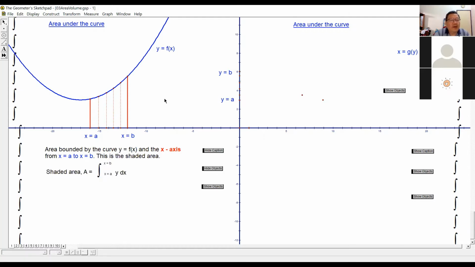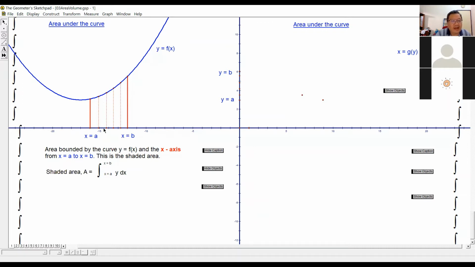If you want to find the area between the curve, the blue line here, and the x-axis, the bottom line here, the formula is like this: the area equals the integral from a to b of y dx. I have written here x equals a, x equals b, and dx. All these things show us that we are finding the area between the curve and the x-axis.